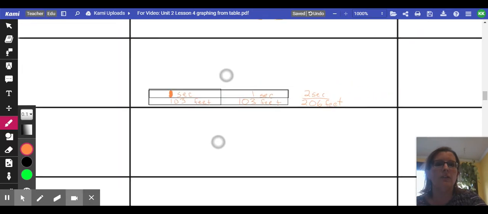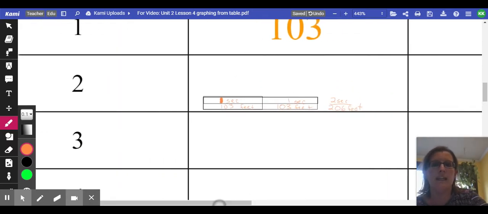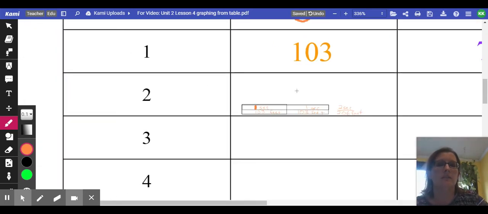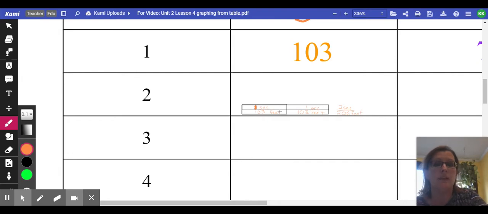Now we could stop and draw a tape diagram for each one of these points, but that's going to take way too long. So there is a much easier shortcut that you can do. Instead, we can use multiplication.